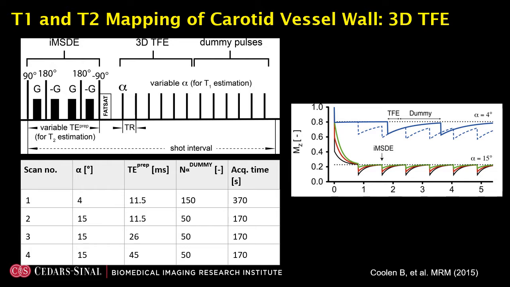So 4 combinations of flip angles and T2 prep times were used, and the T1 can be estimated from scans with different flip angles, while the T2 can be estimated from scans with different T2 prep times.